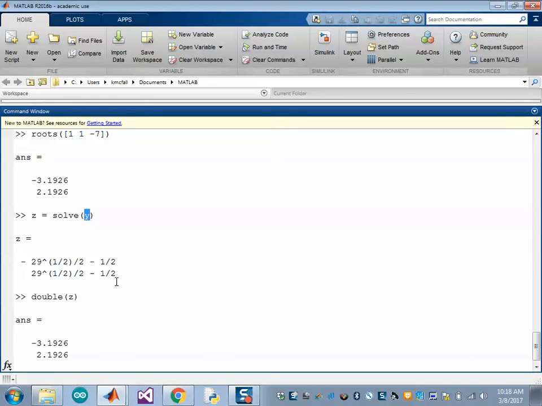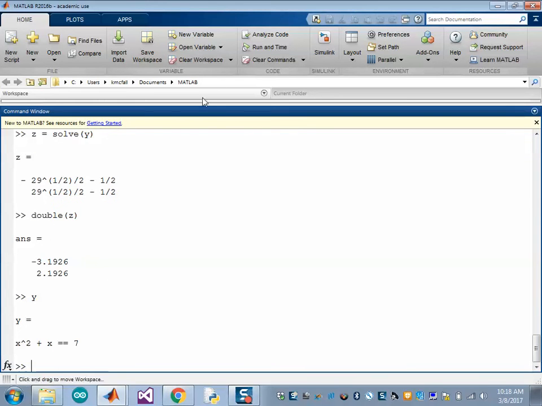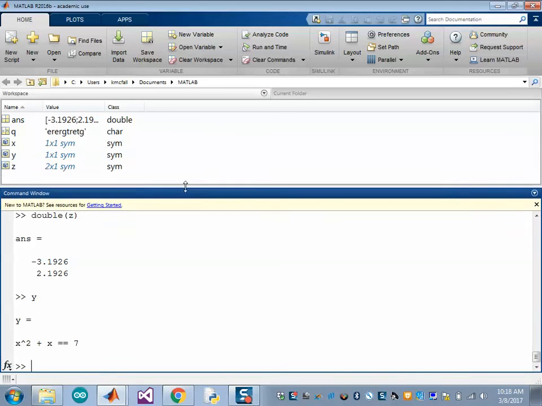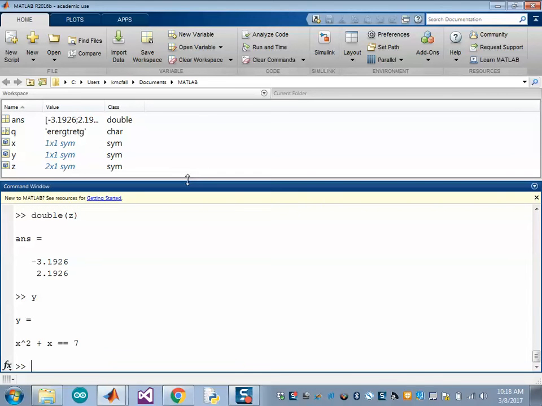So this is kind of neat. If I have an equation like I have here for y, I can use the solve command to solve that, which is really interesting. I can even do something like this. Y is equal to a more complicated equation: x plus sine x equals 1.